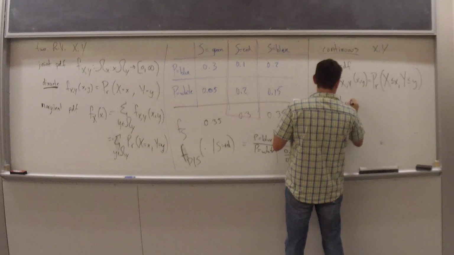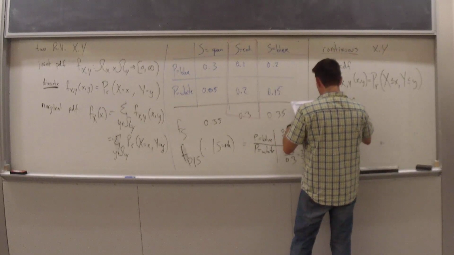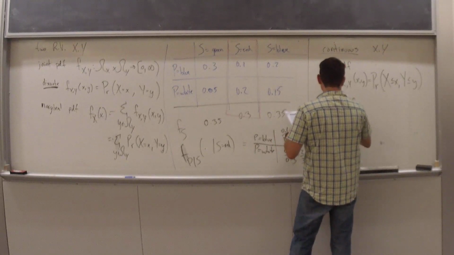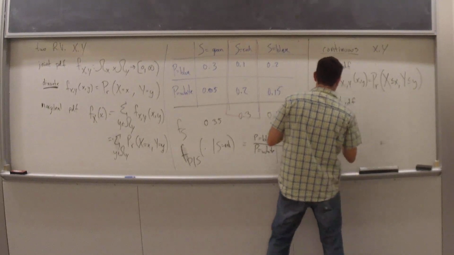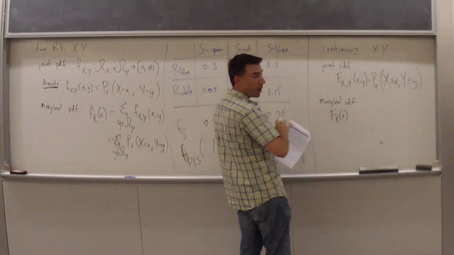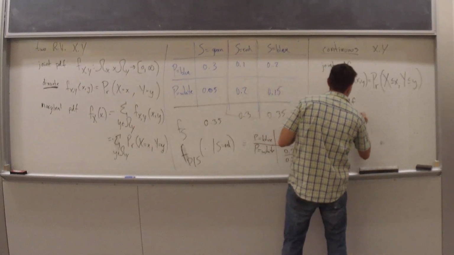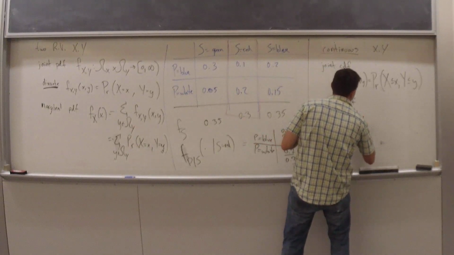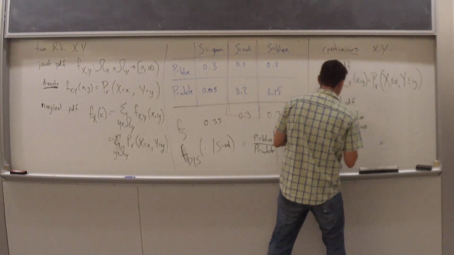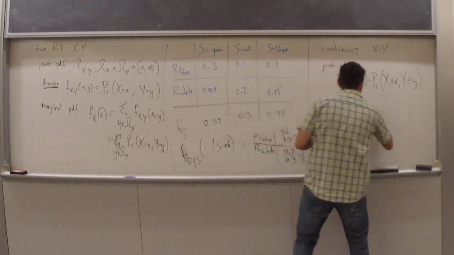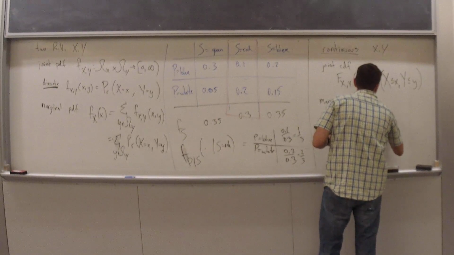And then I can say that the marginal CDF, F of x, right? Now I want to factor out the y, and this is going to be the limit as y goes to infinity of F of x, y.